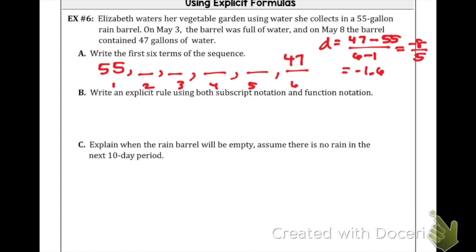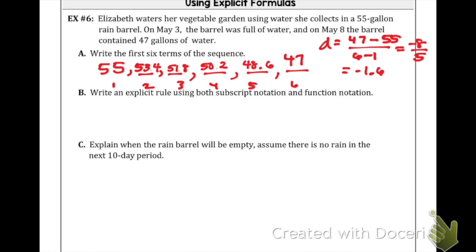So if I lose 1.6 gallons each day, then my second day, or May 4th, would be 53.4, then 51.8, then 50.2, then 48.6. And then we'll be down to 47 gallons, right, on May 8th.